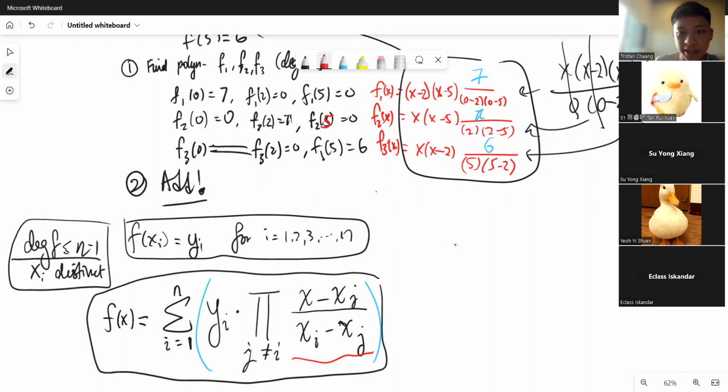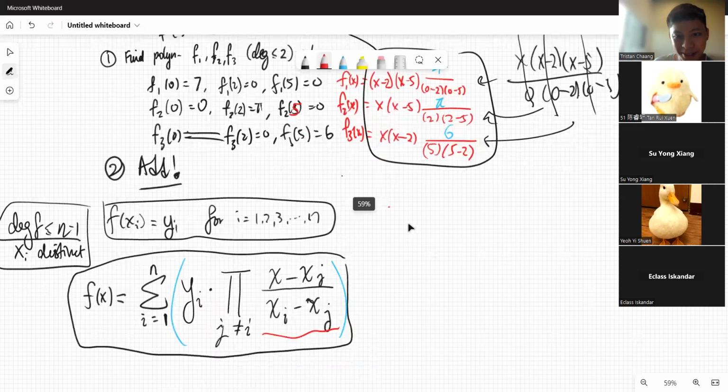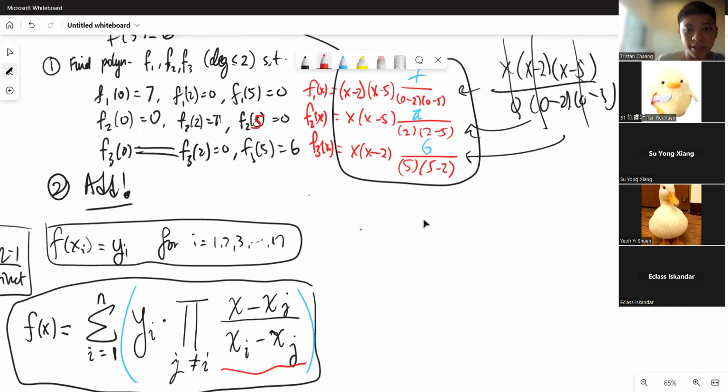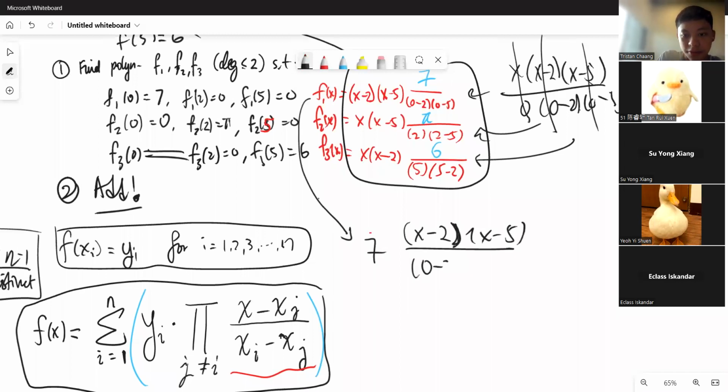Okay, so let's see. Hang on. Okay, suddenly the computer is lagging somehow. Okay, now it's working. So let's look at this. I'll write this in a nicer way. So f1, I'll write it as 7 times x minus 2, x minus 5 over 0 minus 2, 0 minus 5.